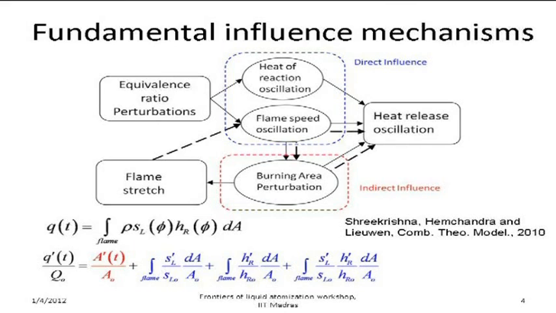But because you get flame speed oscillations along the flame, you get different parts of the flame regressing into the upstream flow at different rates. So this causes the flame surface to wrinkle, causing the burning area of the flame to oscillate. And that gives you an additional mechanism for heat release oscillations.